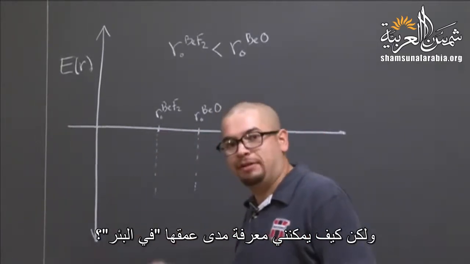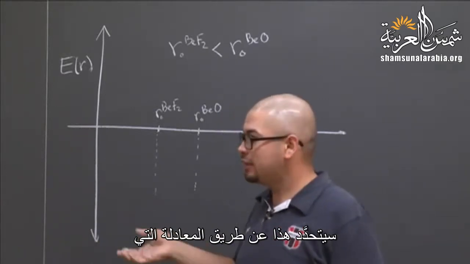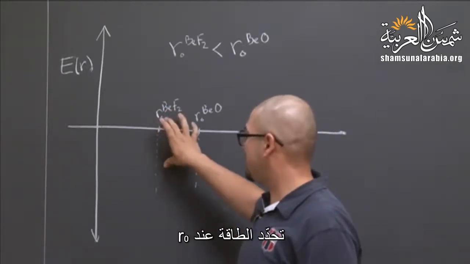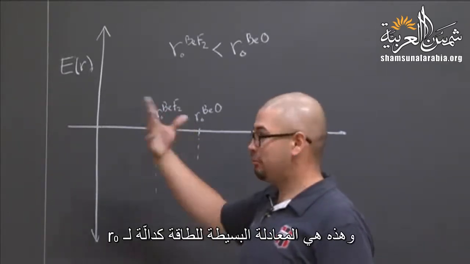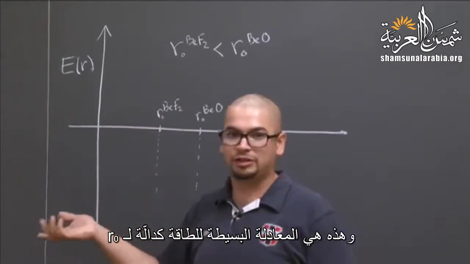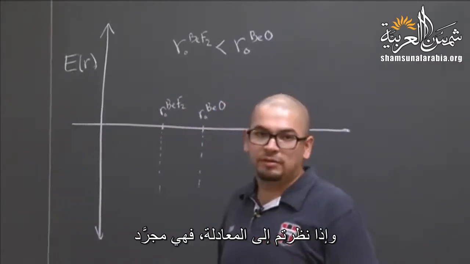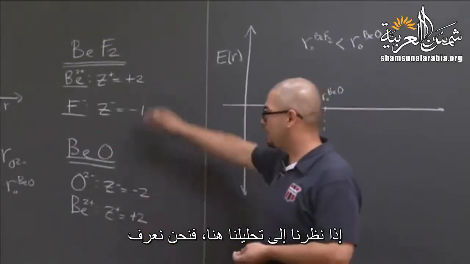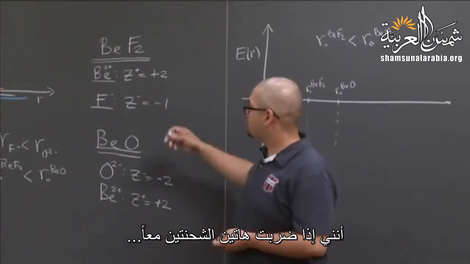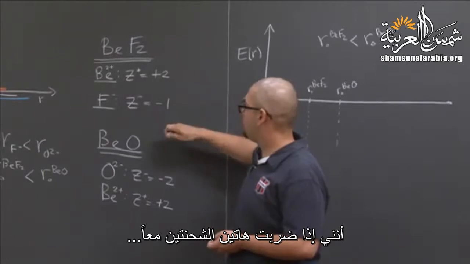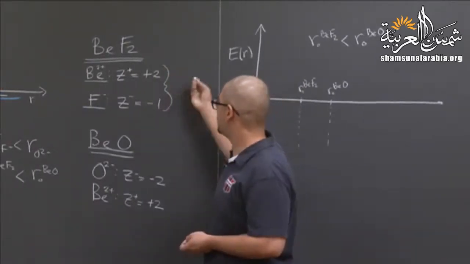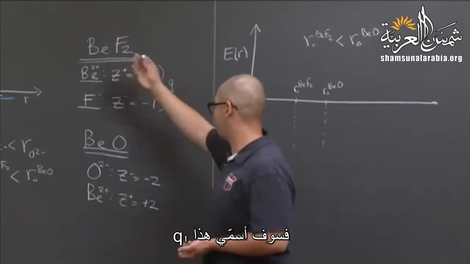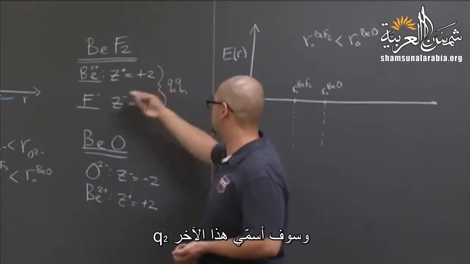But how do I know how deep it sits in the well? Well, that's going to be dictated by the equation that governs the energy at R0. And if you look at the equation, it's just a product of your two charges. So if we come back to our analysis, we multiply these two charges together. Beryllium 2 plus, I'll call that Q1, and I'll call this one Q2.